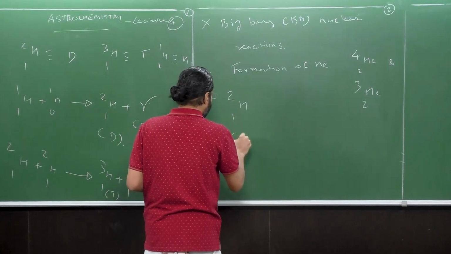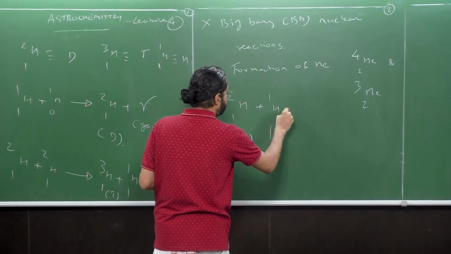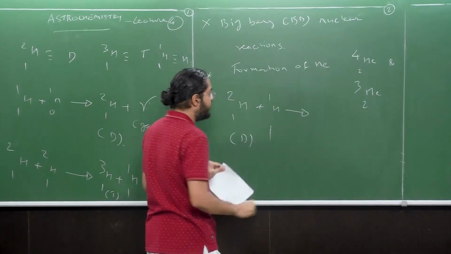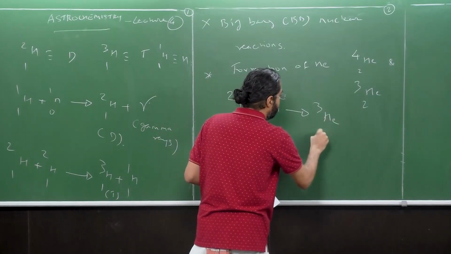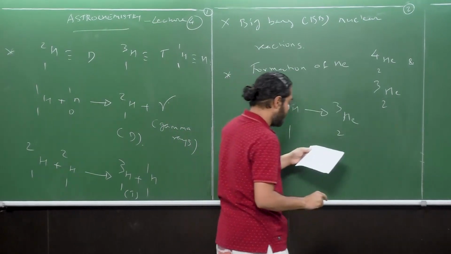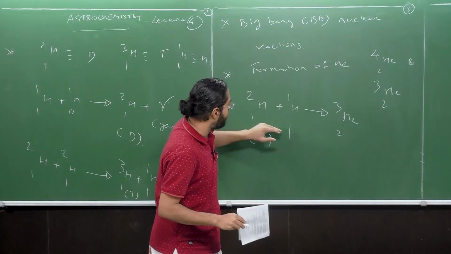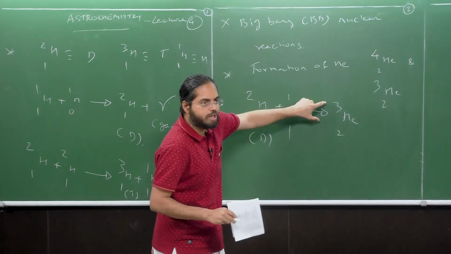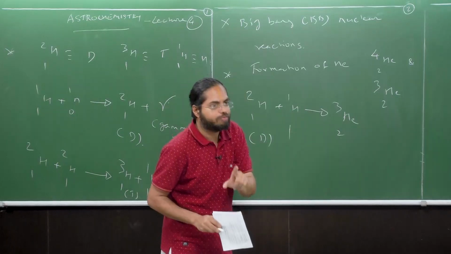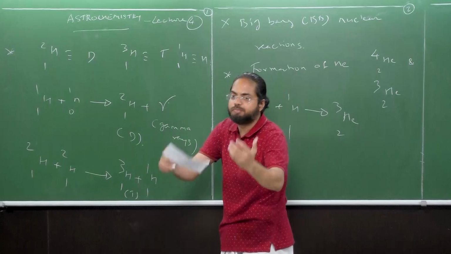You have the fusion of a deuterium along with a hydrogen to get the 3He2 isotope of helium. And notice that you've already got charge balance, 1 + 1 is 2, and mass balance, 2 + 1 is 3. However, recall our concept of energy dissipation.